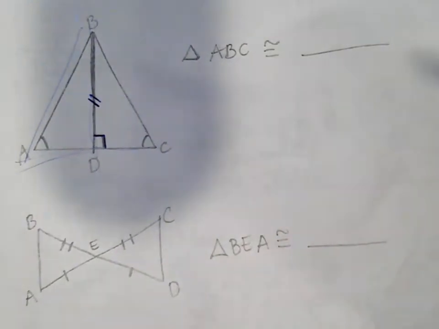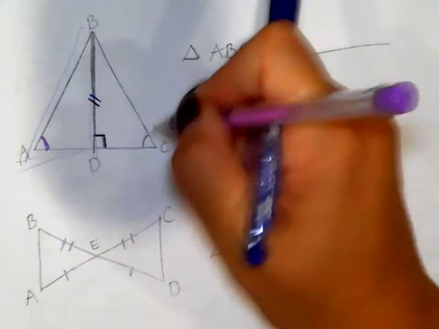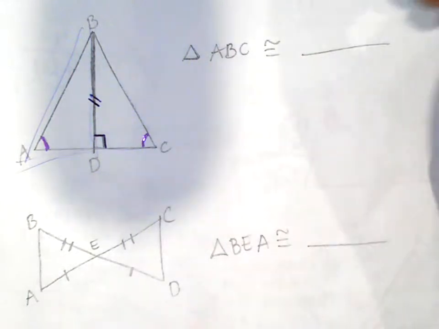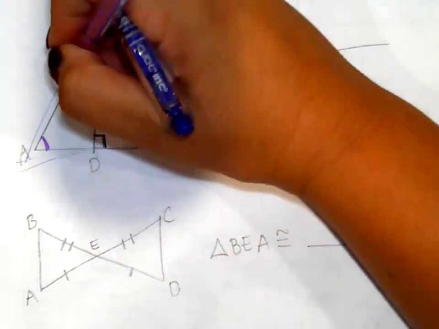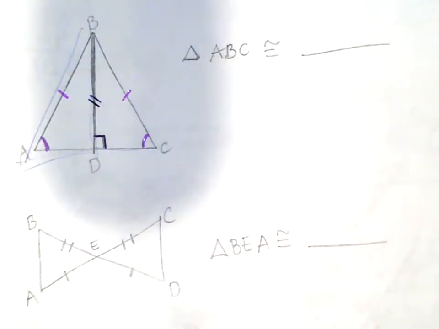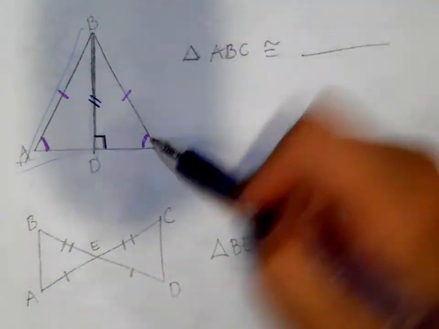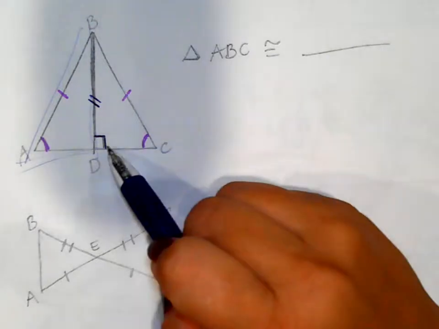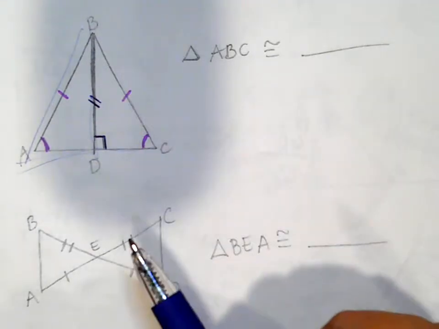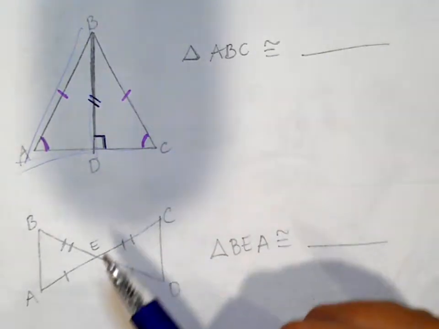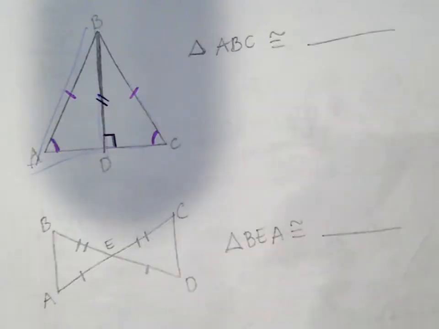Another thing you could have seen: if these 2 angles are congruent, it means that this side and this side are congruent. It's isosceles. Those sides are congruent. I could have gone angle, angle, side this way. So either way, I'm seeing angle, angle, side.